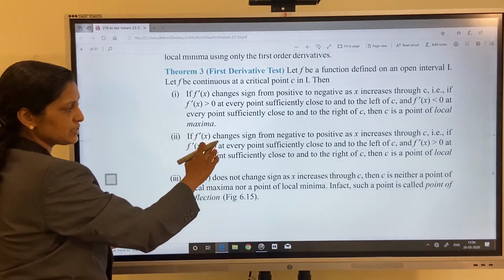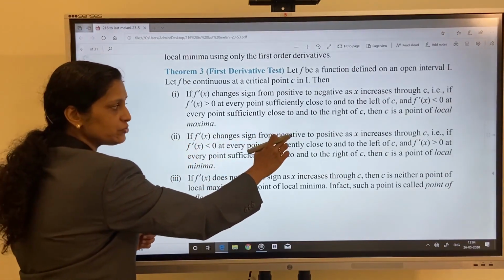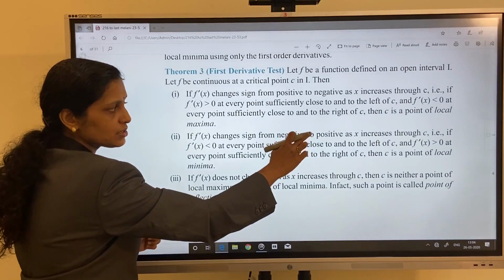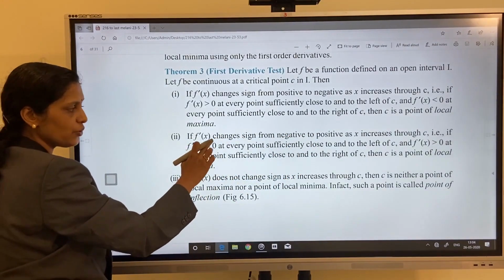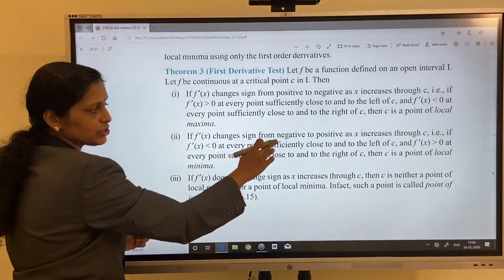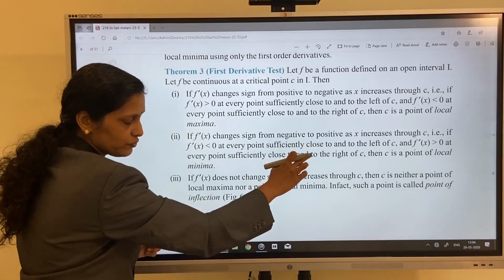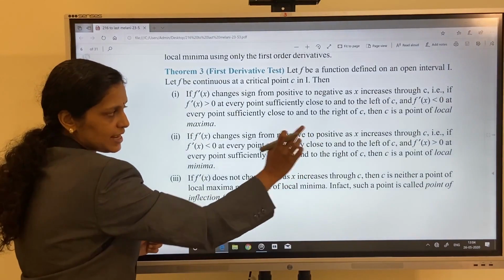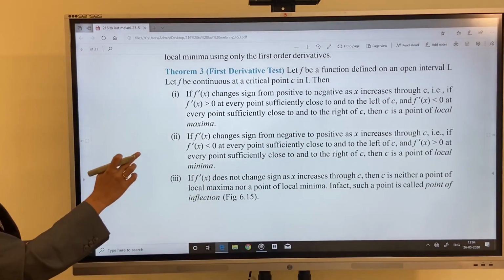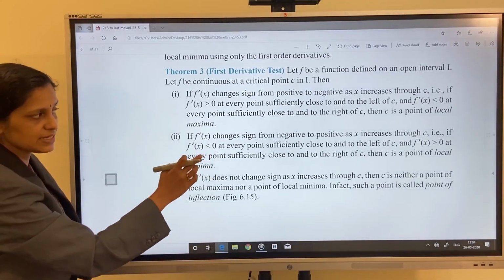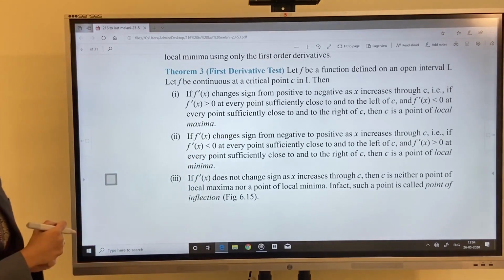Second, if f dash x changes sign from negative to positive as x increases through C, that is, if f dash x is less than 0 at every point sufficiently close to and to the left of C, and f dash x is greater than 0 at every point sufficiently close to and to the right of C, then C is a point of local minimum.